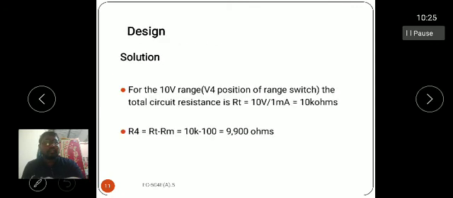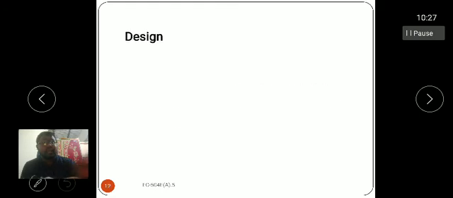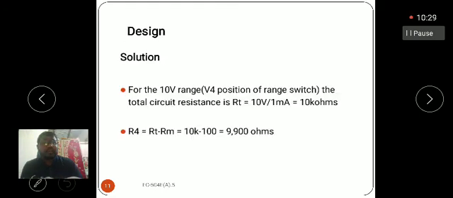The solution for this example: for the 10 volt range, V4 position of the range switch, the total circuit resistance is RT equal to 10 volts by 1 milliamp, so we get 10 kilo ohms. Then R4 is equal to RT minus Rm, 10K minus 100, equal to 9900 ohms.